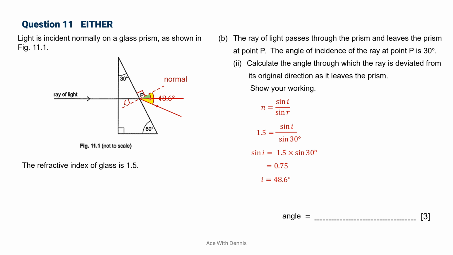This angle will be 30 degrees because it is the same as this angle; this is a vertically opposite angle. So I want to find this angle as the angle of deviation. To find the angle of deviation, it will be 48.6 degrees minus 30 degrees, which gives us 18.6 degrees. Hence, the answer is 18.6 degrees. Okay, so a very tricky question. You have to be very, very careful.